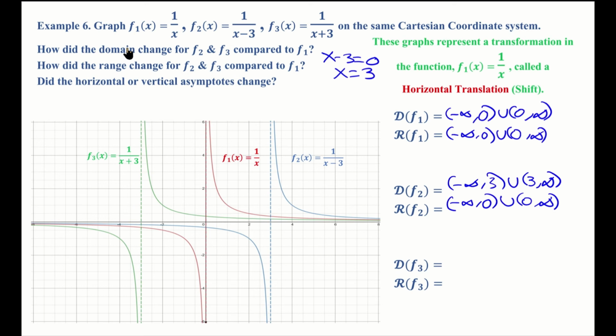So the domain of f3, notice, is going to be negative infinity all the way up to negative 3 union negative 3 comma infinity. And as for f2, the range of f3 is going to be the same as the other two functions.